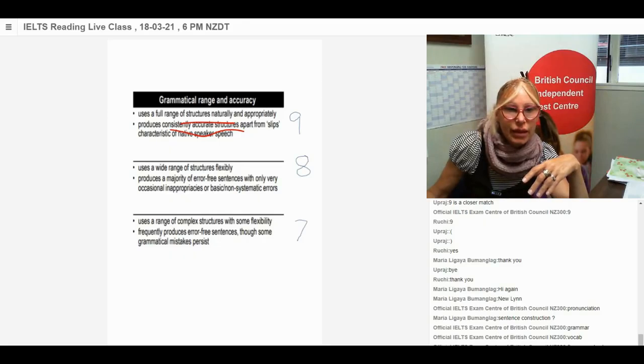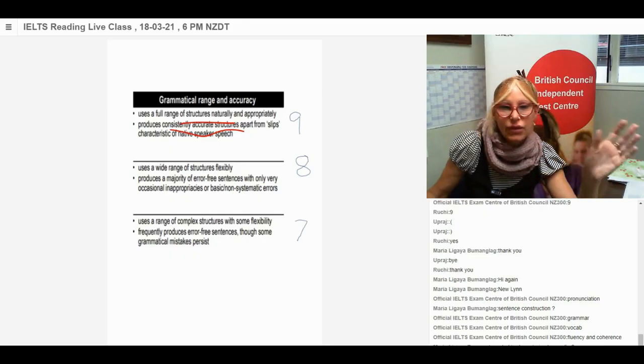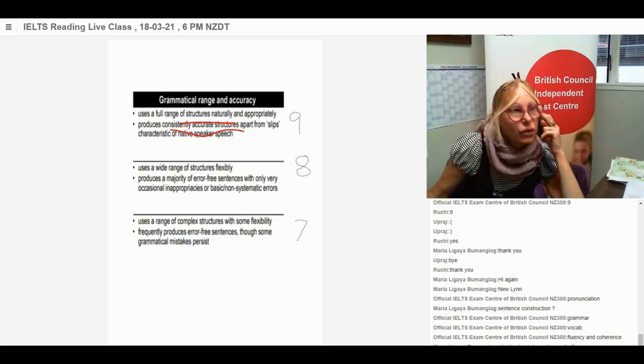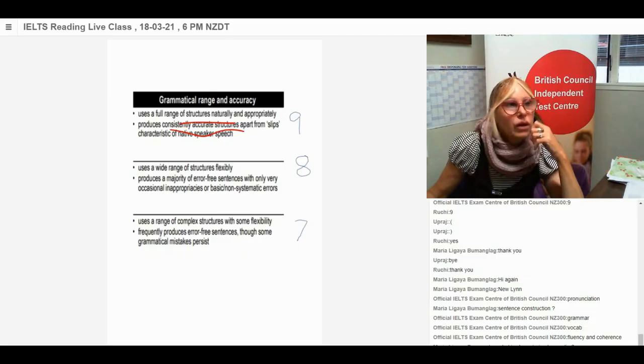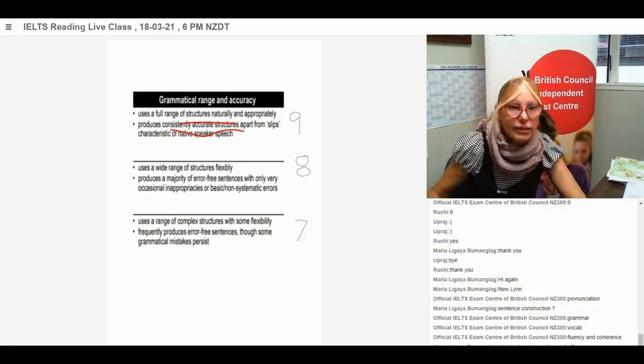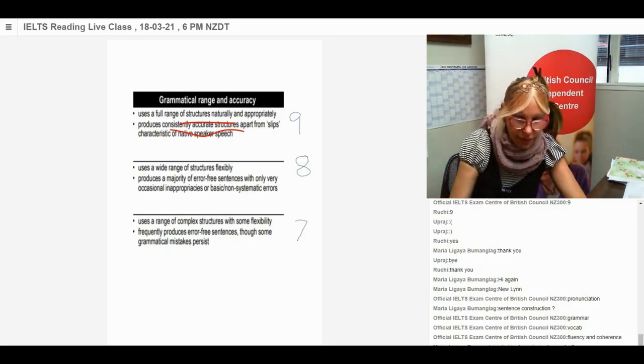A slip is something that a native speaker does even when they're speaking their own language. So, for example, a slip could be something like a subject-verb agreement, for example.